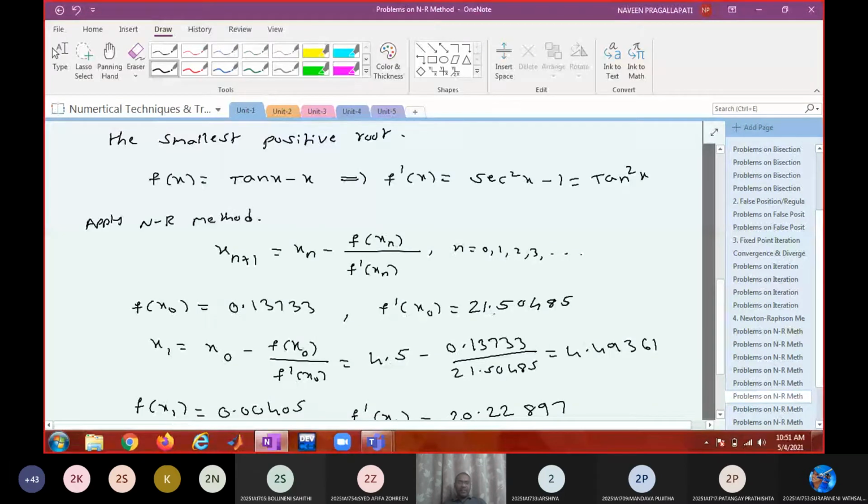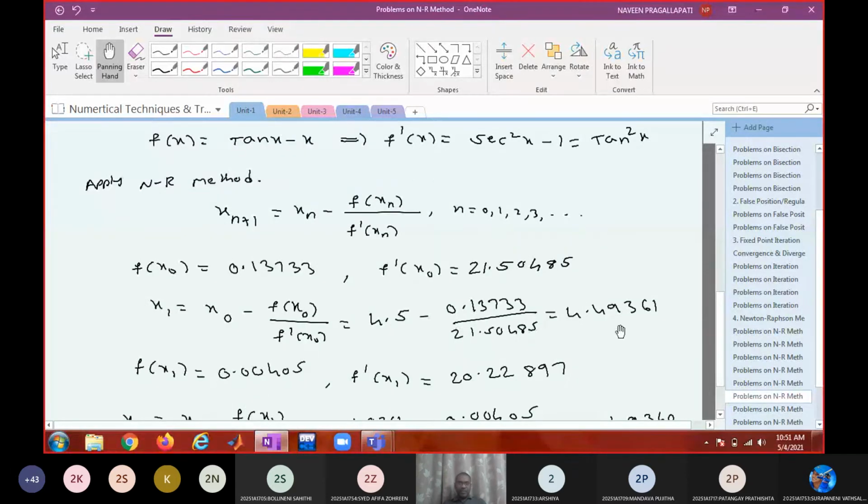Is tan square at 4.5 this value? 4.470397. I'm asking the derivative value. Is the derivative value this? Yes, sir. So after substituting these values, is this the value we are getting, 4.49361?